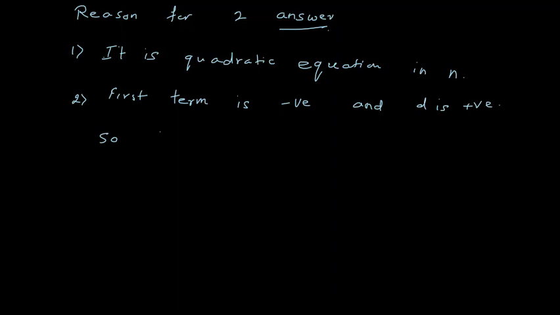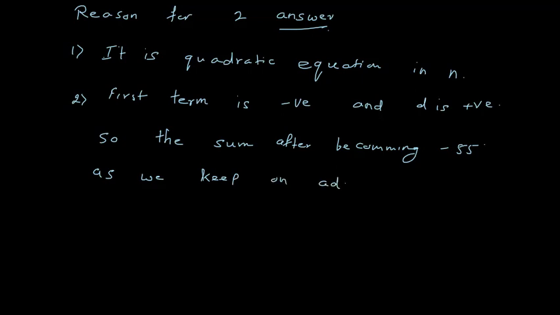So the terms are negative, and the sum, after becoming minus 55, as we keep on adding new terms, its value decreases further.